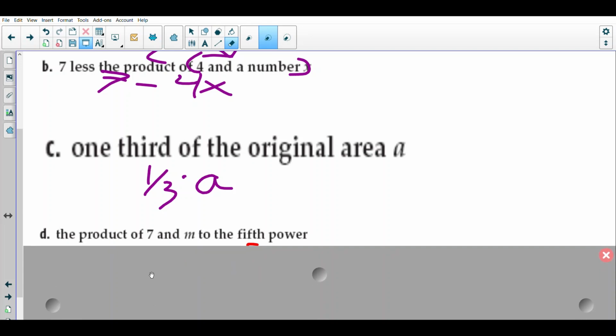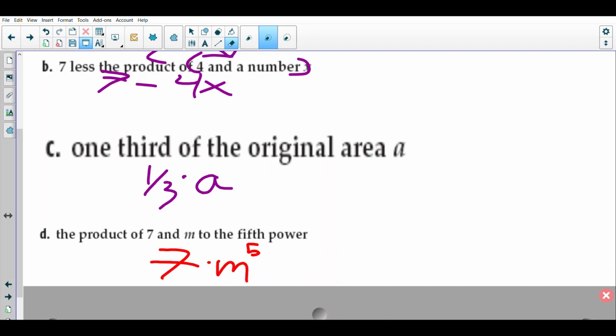The product of 7 and m to the 5th power. Depending how you word it, I believe they want to say 7 times m to the 5th power. So 7 times m to the 5th. That one can be a little tricky depending on the wording.